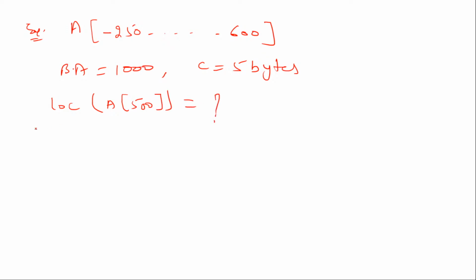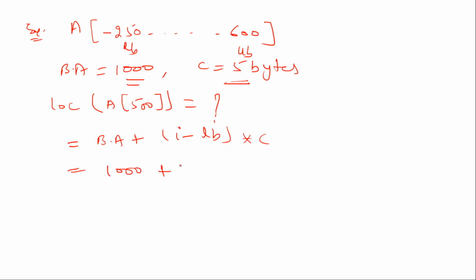We'll find here. So what is the formula? Base address plus I minus lower bound into data type size. So this is lower bound and this is upper bound, and this is the size and this is base address. What is base address? 1000 plus what is the value of I? This is the value of I, 500. And what is lower bound?